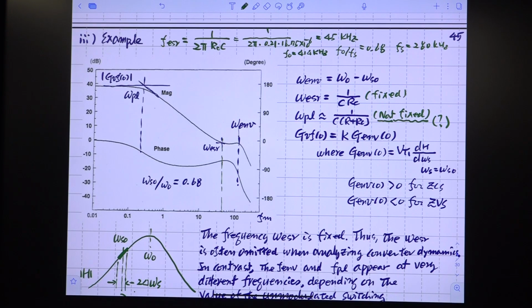Then omega ENB. No, FENB. The same thing, right? Omega E and B. Okay, I use omega E and... no, I already use F, right? So F E and B is this one minus this one, 134 kilohertz.